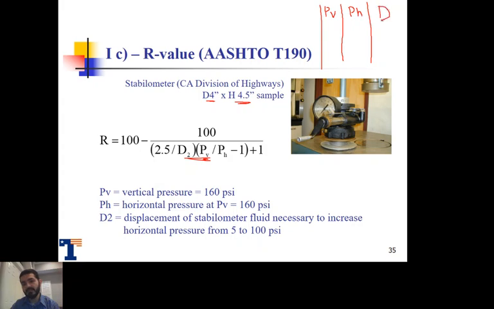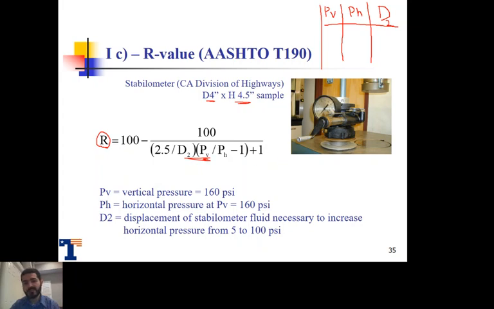This is D, or sometimes called D2. If we have these three columns, we're going to be able to get the R value. How can I get the R value? R equals 100 minus 100 over the quantity 2.5 over D2 times (PV over pH minus 1), all this plus 1.